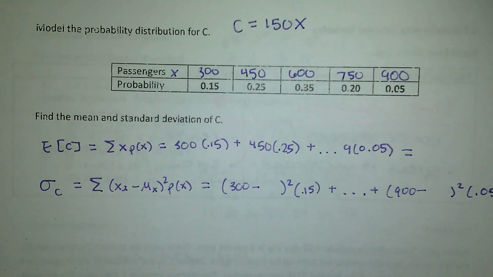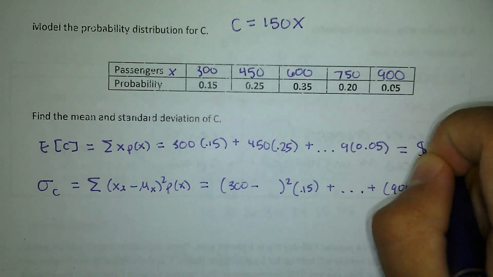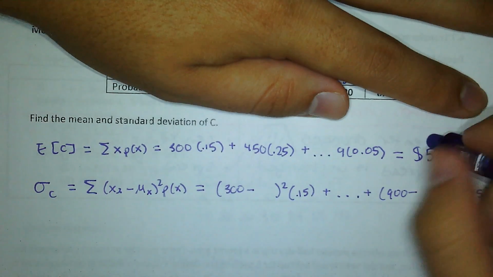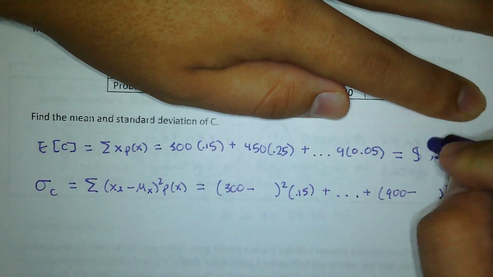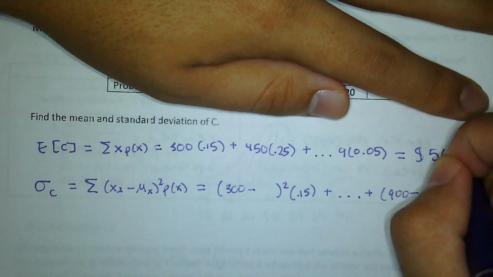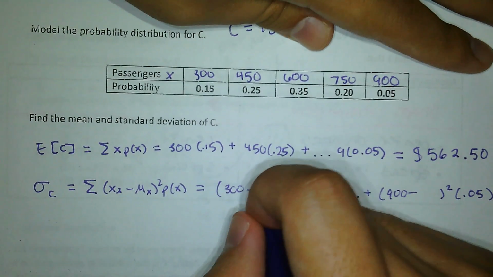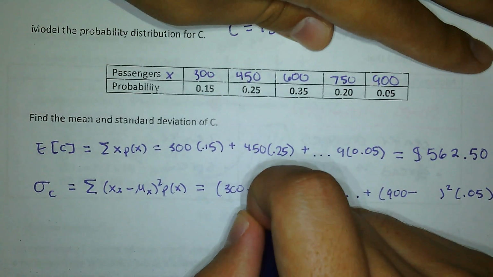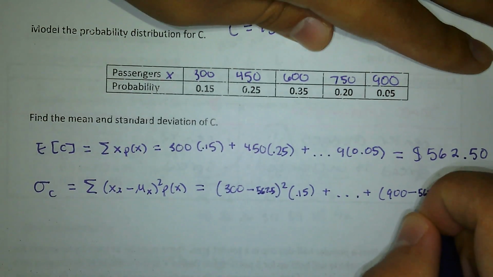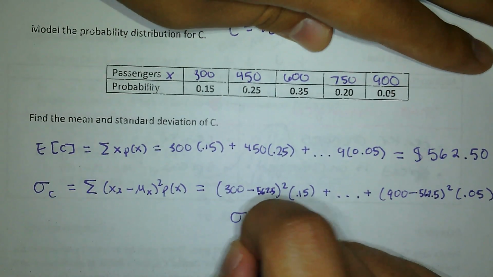Again, I could multiply this out and I would obtain the result of 562.50. And so that number is going to go here, 562.5, etc., and that'll give us some other value.